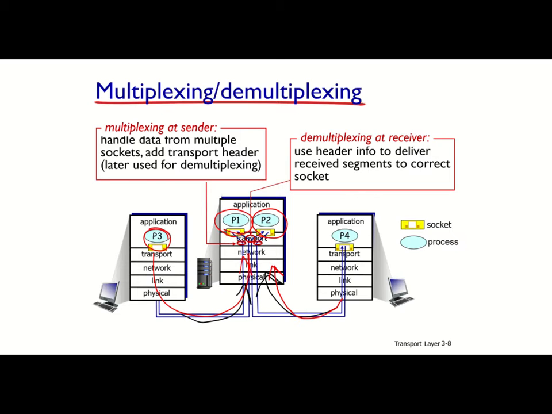So this service of choosing the right process on the receiving side is called the demultiplexing service provided by the transport layer. So basically on the receiving side, when you choose the right socket for the right process, you're doing demultiplexing.